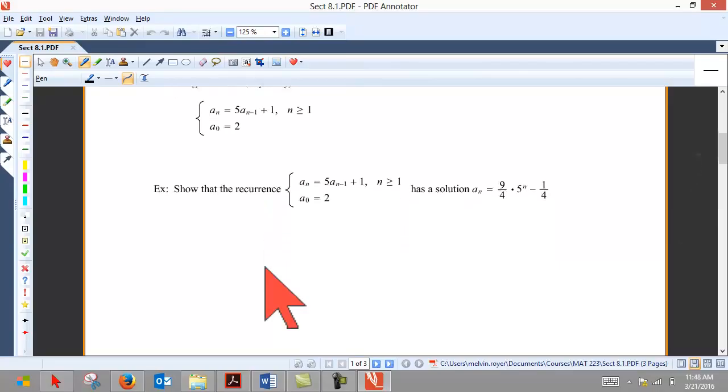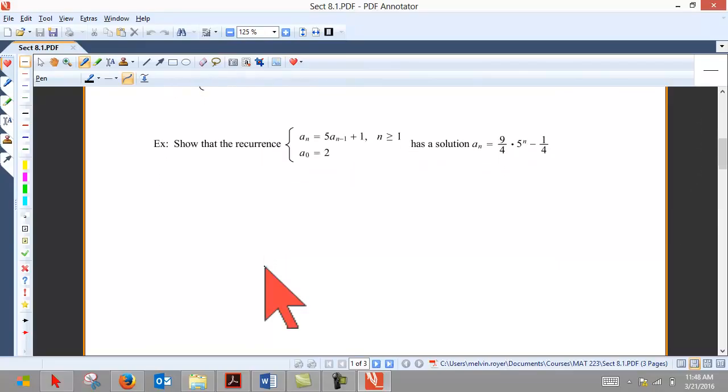First thing I want to talk about is how to check when we actually have the right explicit form. So here's an implicit form. And I want to show that this actually is an explicit form, or in other words, this is a solution to the problem being stated here.